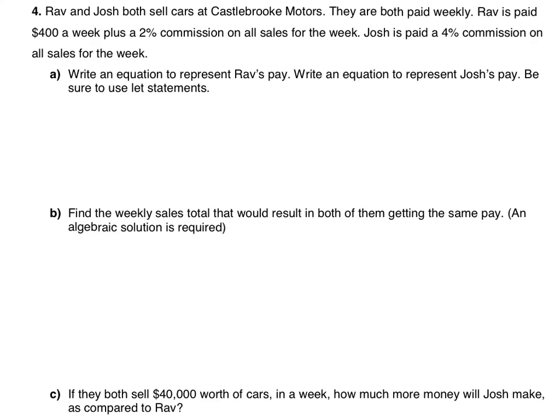The last question, which is a word problem, says that Rav and Josh, both of them, sell cars at Castlebrook Motors. They are both paid weekly. Now Rav is paid $400 a week plus 2% commission on all sales for the work, and Josh is 4% commission only.